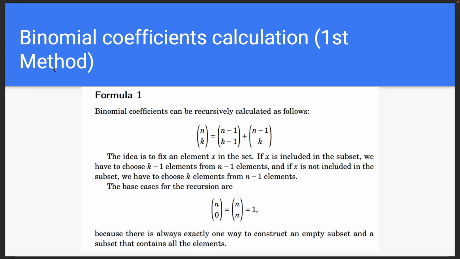And choosing n out of n would be 1. These are the bases, and we can calculate all the others by that formula by iterating in the right way. I think in the next slides we will see the actual code, and I will go into detail.